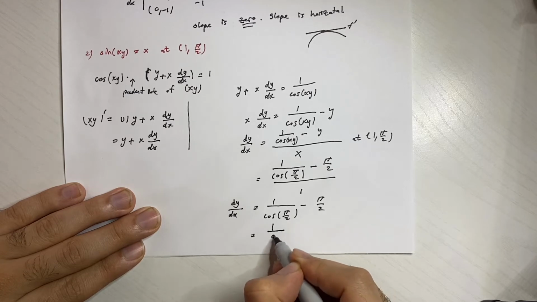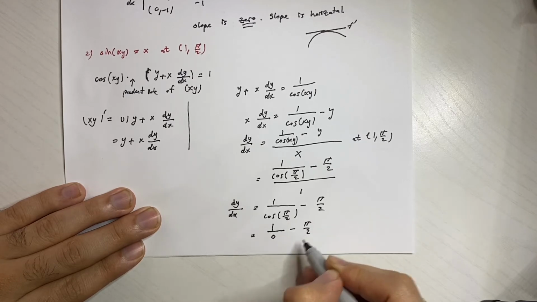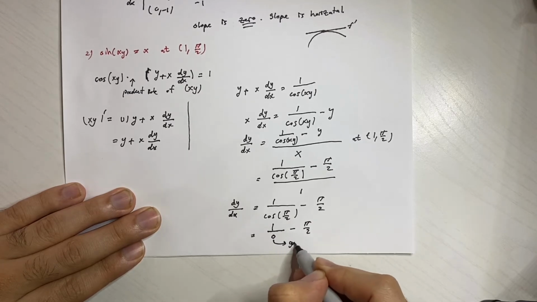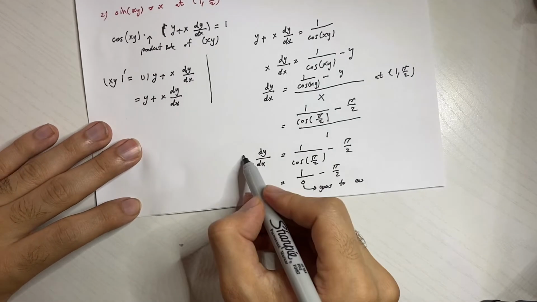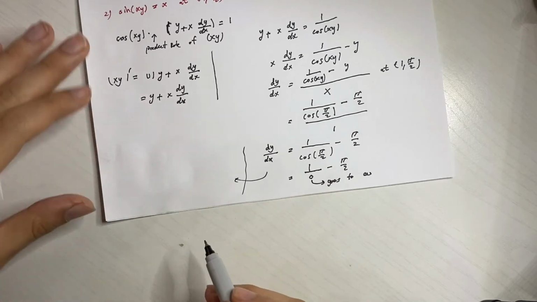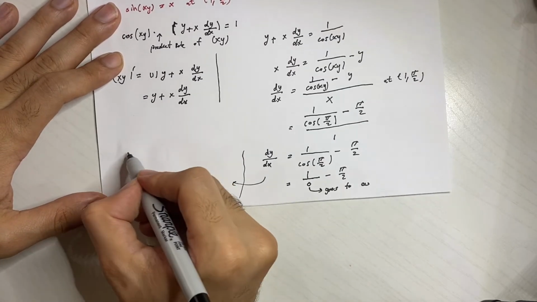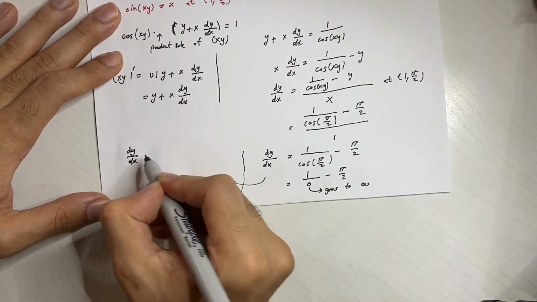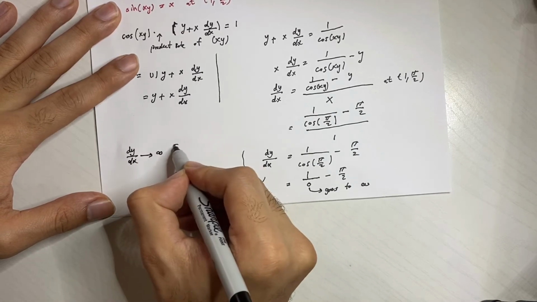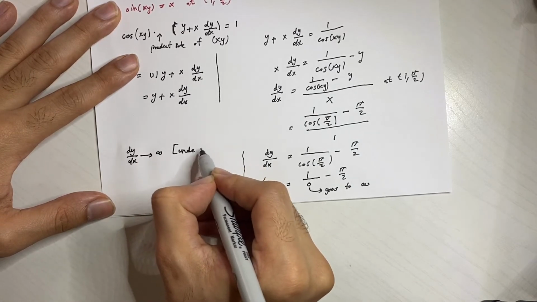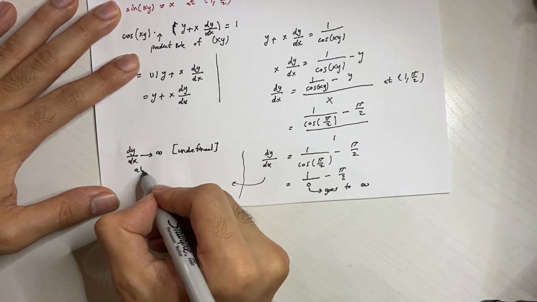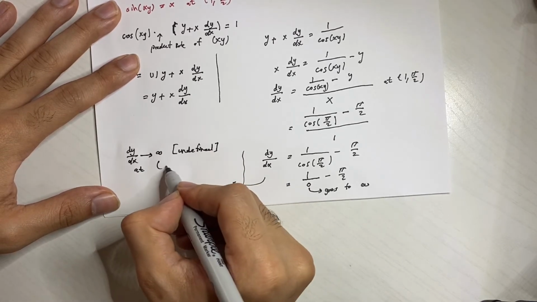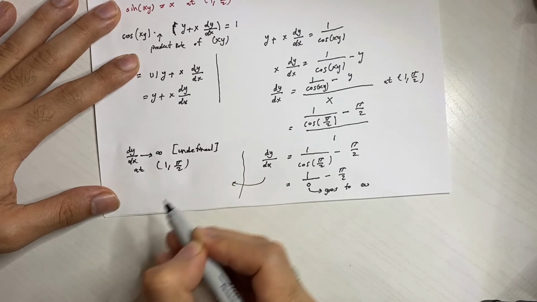This is 1 over 0 minus pi over 2. 1 over 0 is infinity. It goes to infinity, or we can also call it undefined. So basically dy/dx goes to infinity, which is the same thing as saying it's undefined at the given point, which is 1 and pi over 2.